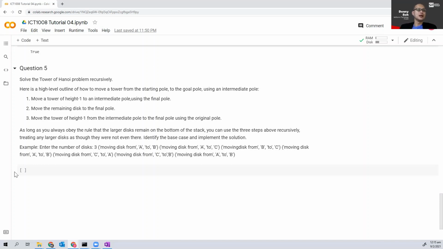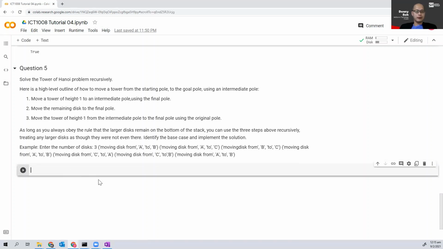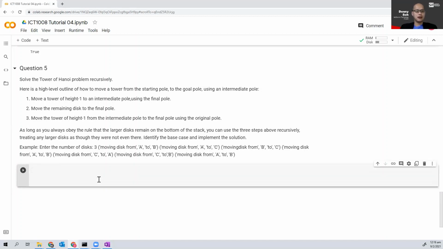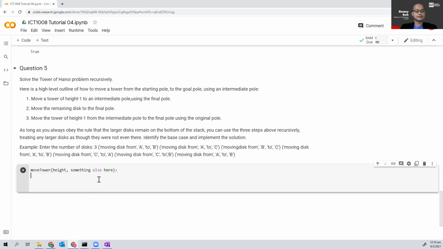Okay. So I need to have two functions. The first function is known as the move tower. And as I said earlier, I need the height and I need something else here.